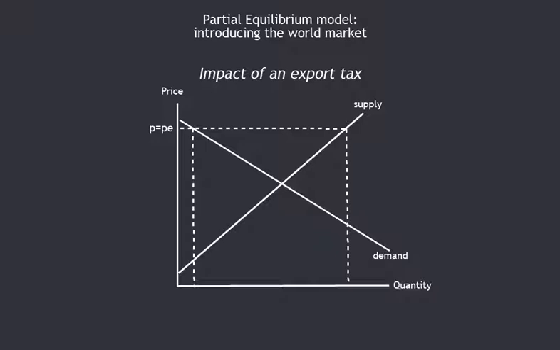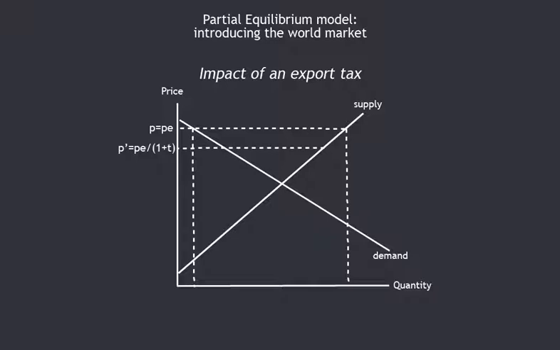So with a world price of PE, the local price has to decrease, because at P equal to PE, producers prefer selling on the local market, since local sales are not taxed while exports are taxed. The augmentation of local sales decreases the local price until P prime is equal to PE divided by (1 plus T).